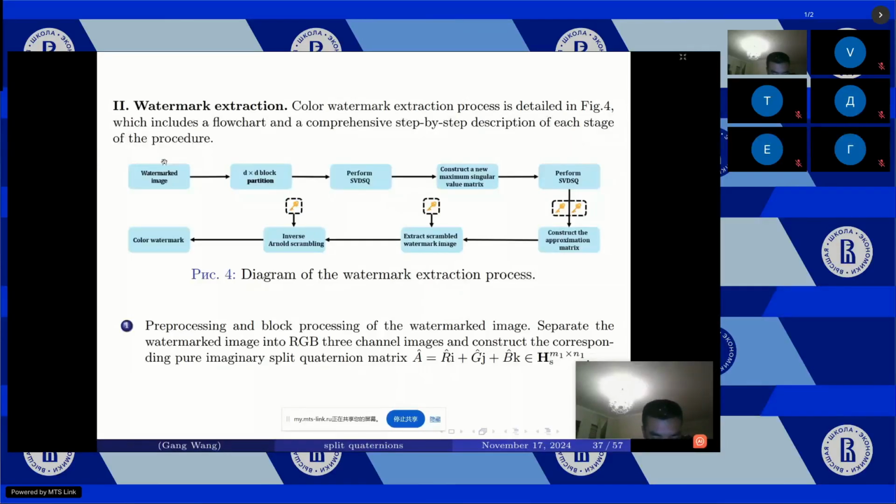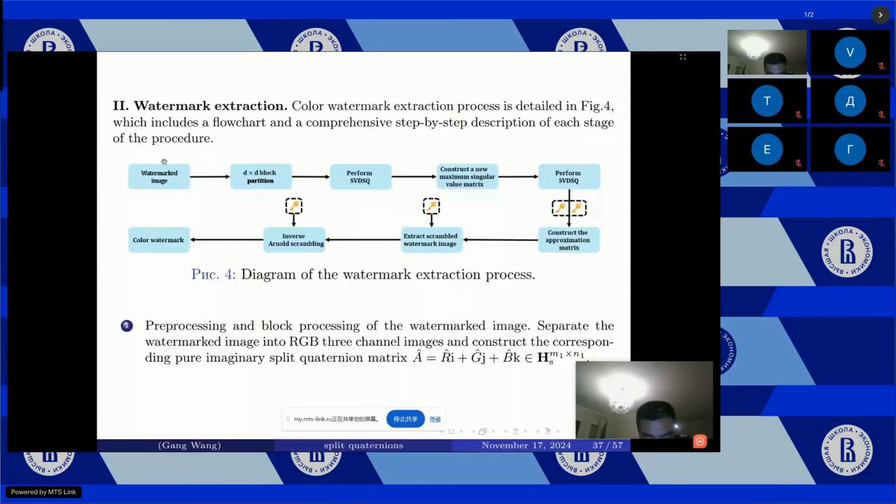Next, the split quaternion matrix is divided into non-overlapping patches, simplifying the extraction process by breaking the data into manageable segments, using a predefined watermark extraction key.